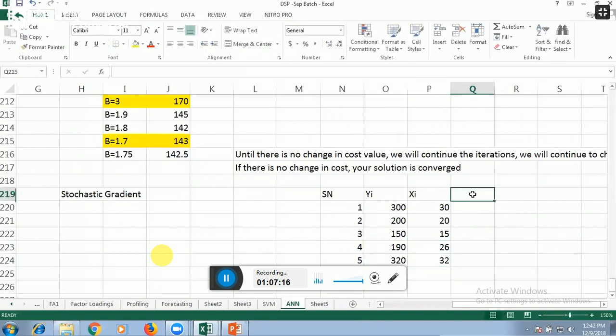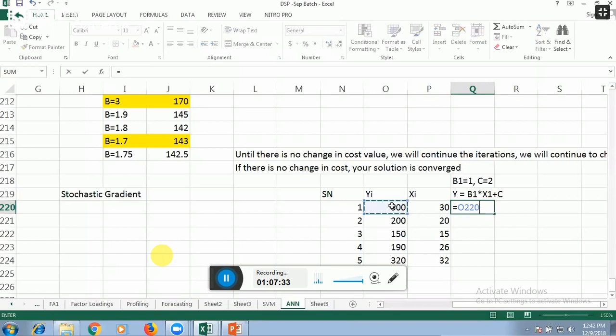You are saying that y equals beta 1 x1 plus a constant. Assume beta 1 equals 1 and the constant equals 2.